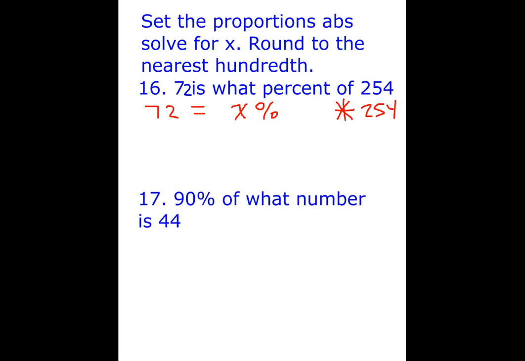Okay? So let me just rewrite it. 72 equals x percent times 254. So the first thing we want to do is leave x by itself, so we get rid of that multiplication and divide by 254 on both sides.